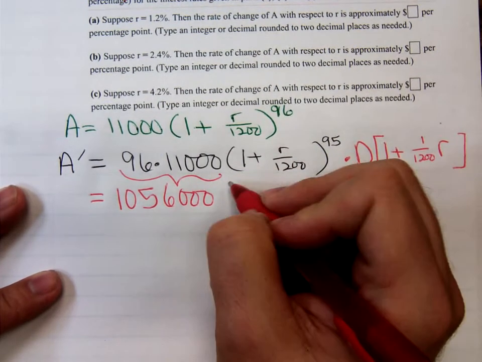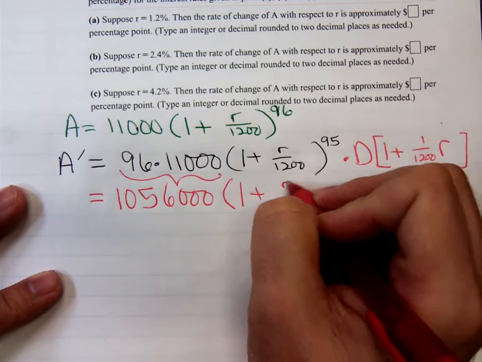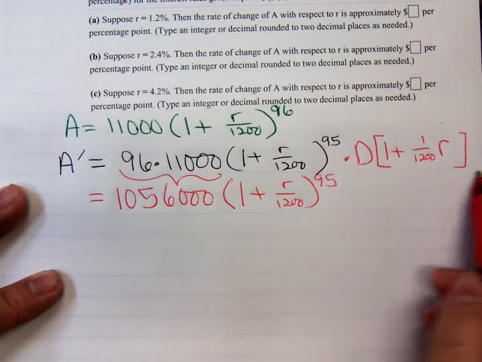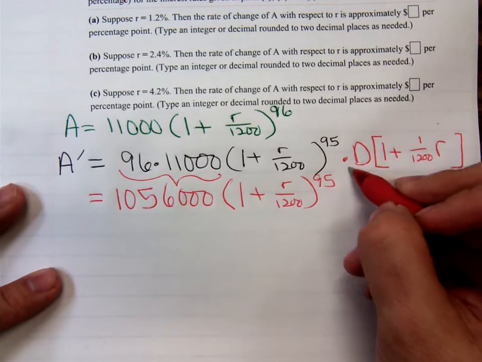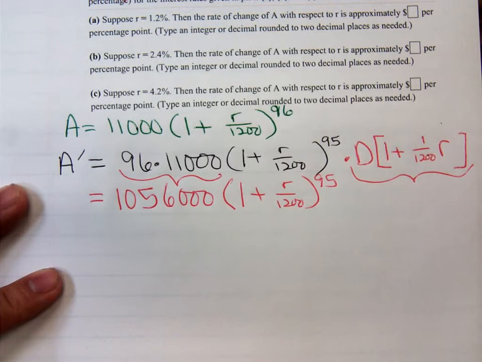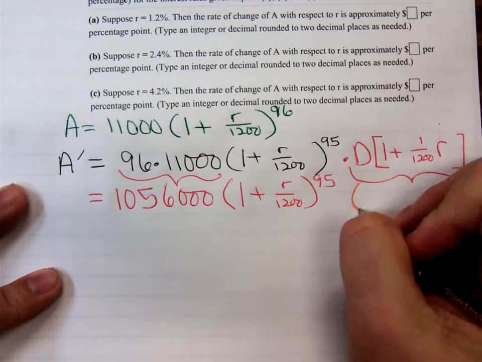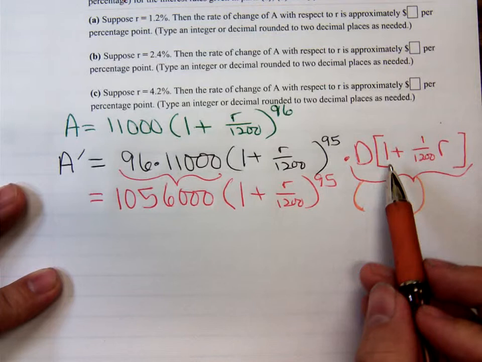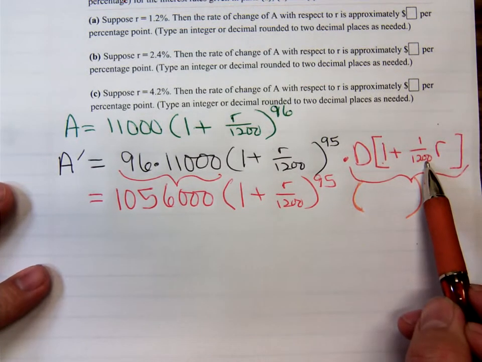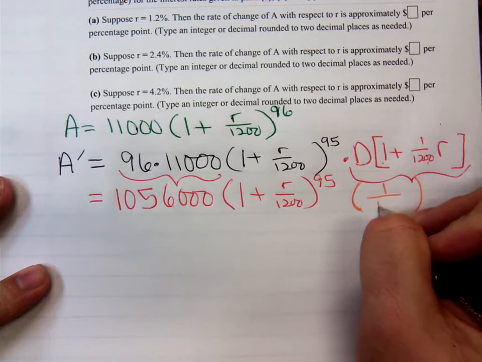So that 1 plus R over 1200 to the 95th. Now let's differentiate. What is this derivative going to give me? Just 1 over 1200. The derivative of 1 is 0. The derivative of 1/1200th R is just 1 over 1200.